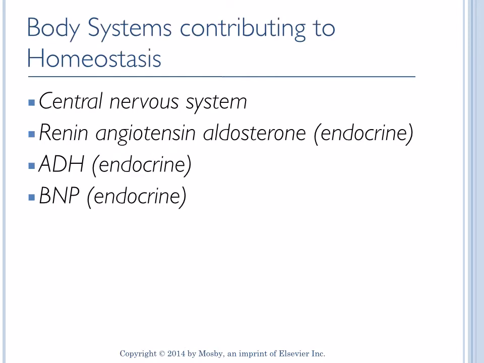Now there are body systems which contribute to the homeostasis when it comes to the cardiovascular system. The first body system which you can see working closely with our cardiovascular system is the central nervous system.